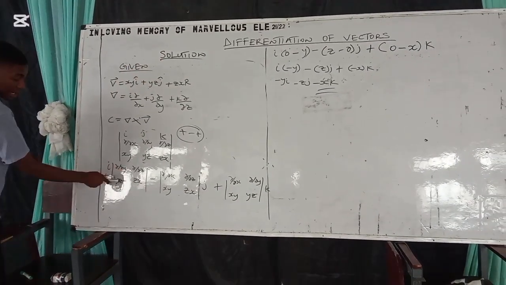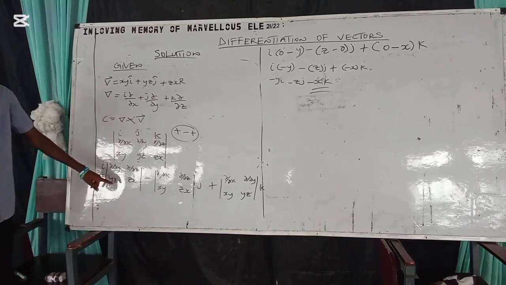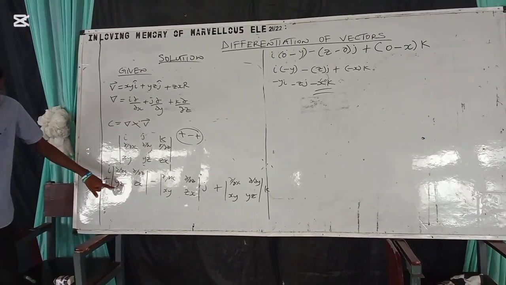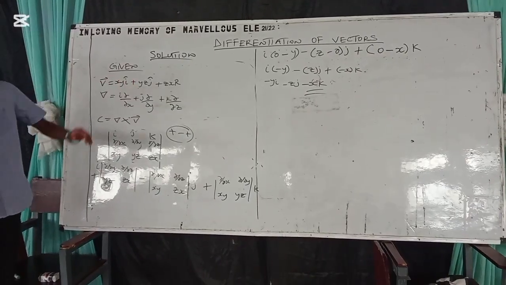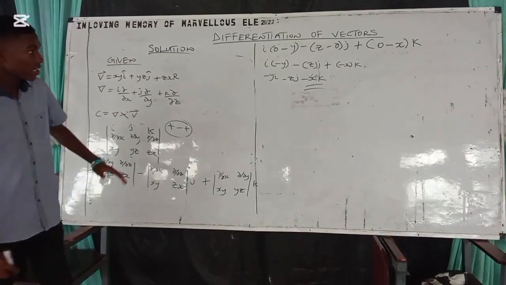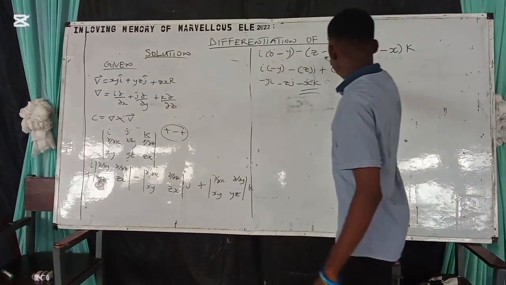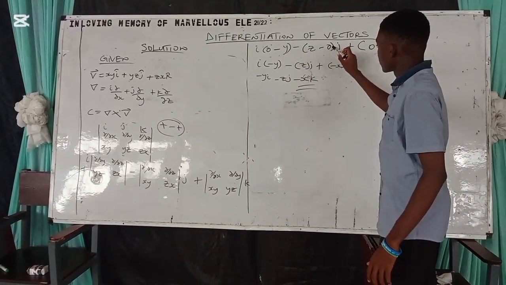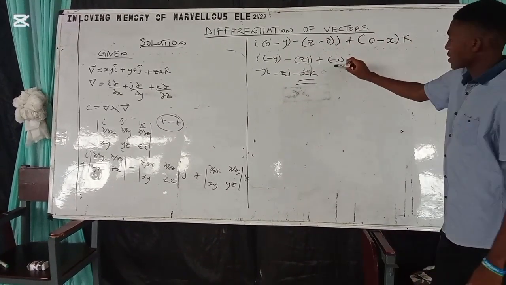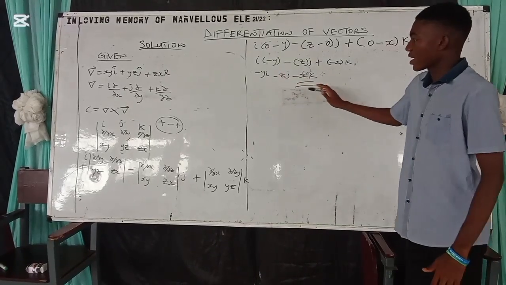The same thing, minus this times this. There's z, so differentiate z, 1, what's left, y. We did the same thing for here, and we got up to this place. We expand the bracket: 0 minus y, 0 minus z, 0 minus x. We open this, and this is our final answer.